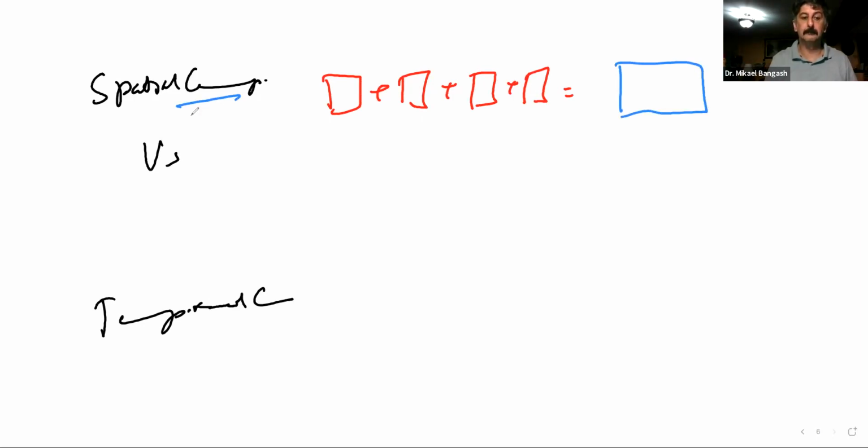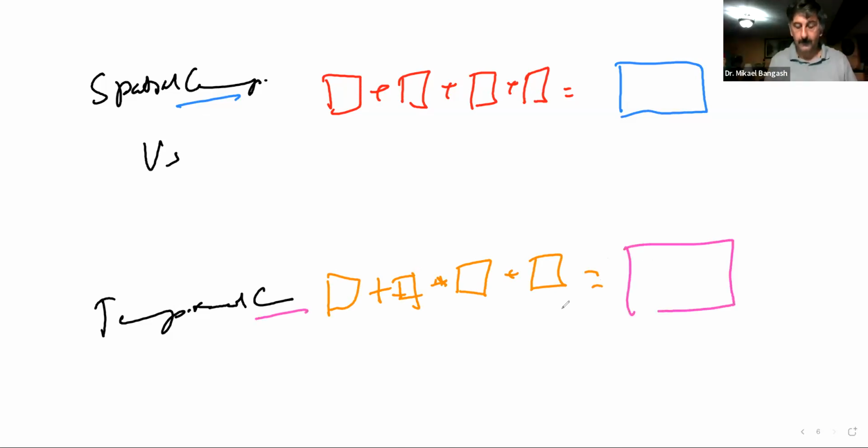Did that make sense? So your temporal compounding is going to add up multiple frames to compound a final image. Is that clear?